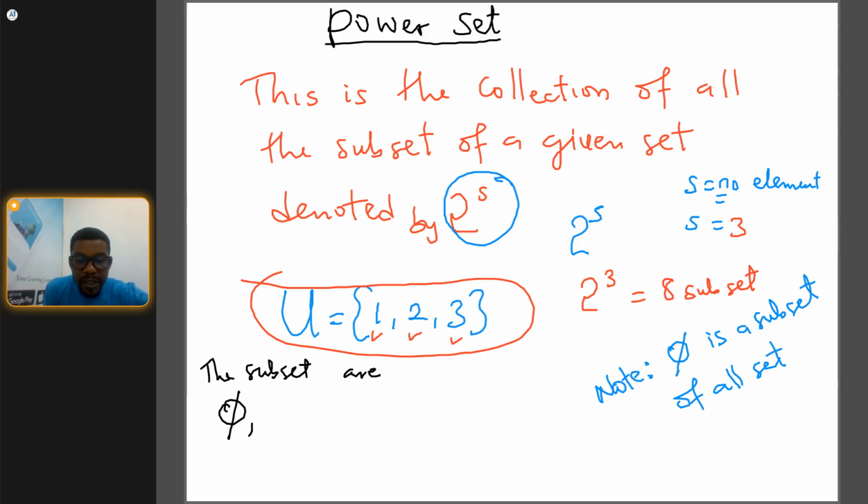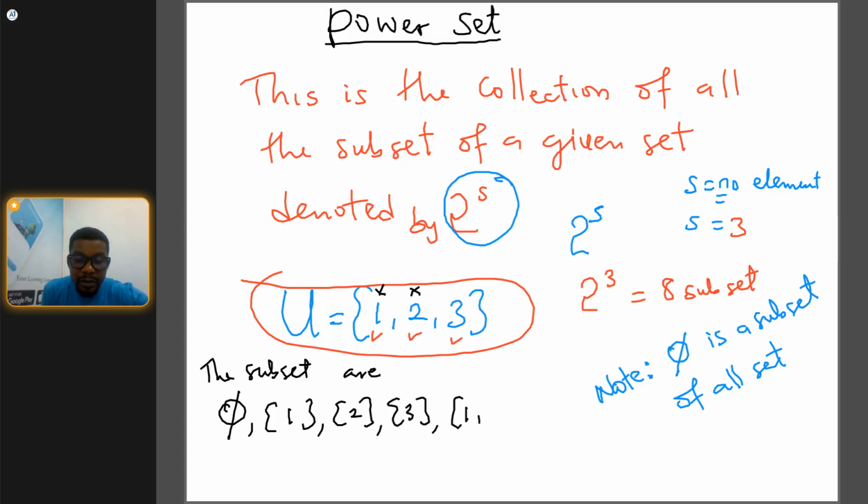Now, I'll be picking these values to form some subsets. We can have a subset that will have only one element inside, which is a singleton set, because it has one element, of course. We can also have a set that will have just 2 inside it, and a subset that will have 3 inside it. Do you agree with me? We can have a set that will have 1 and 2.